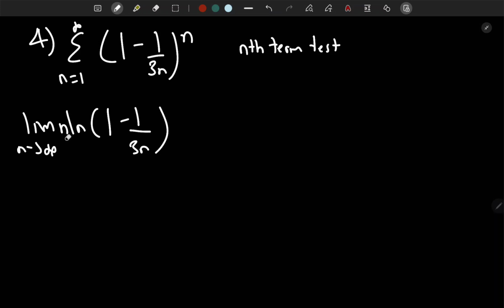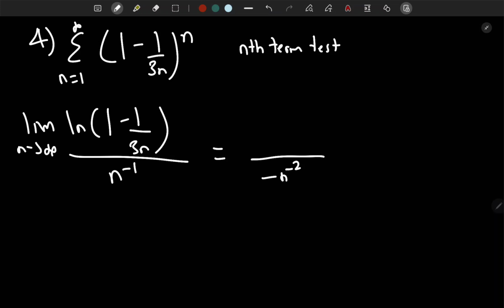So what we can do with the n here is, as it was in the numerator, we can bring it down and rewrite it as n to the power of -1. So now we can use L'Hopital's rule. Let's do the derivative of the denominator first, as it's simpler. We get negative n to the power of -2. Deriving the numerator is quite complex since we have to use the chain rule plus the derivative of ln.